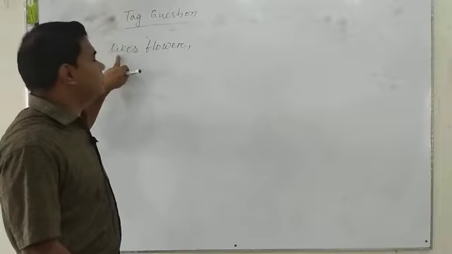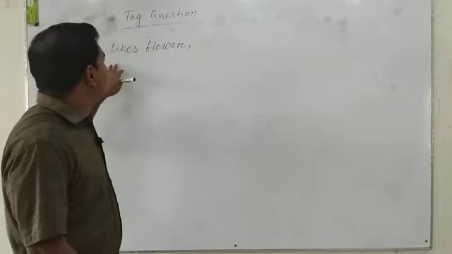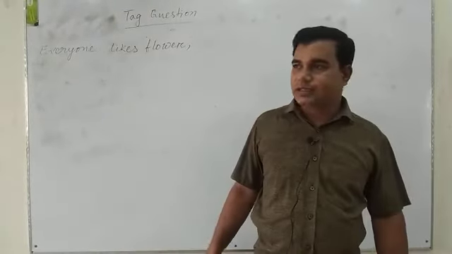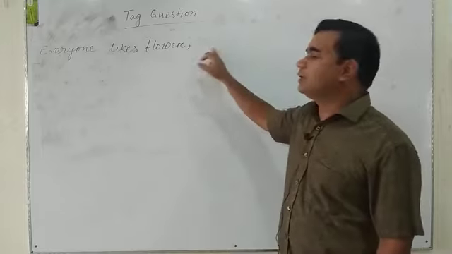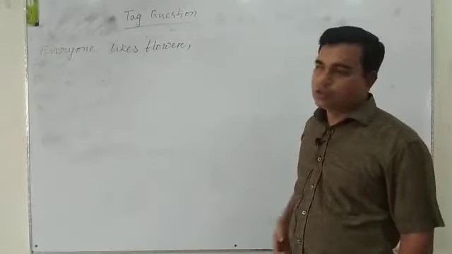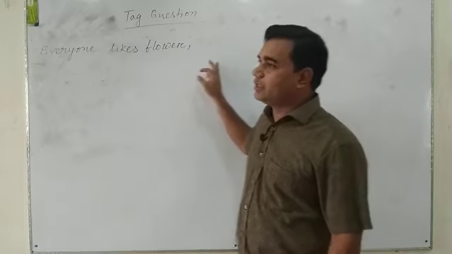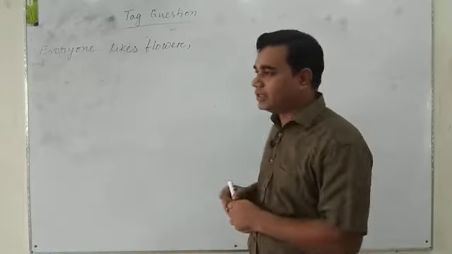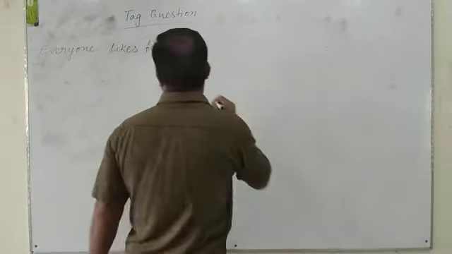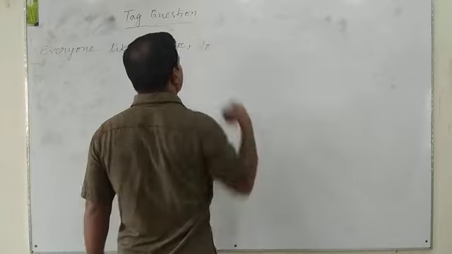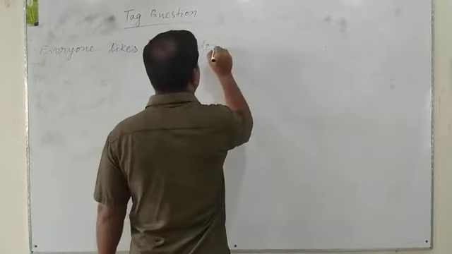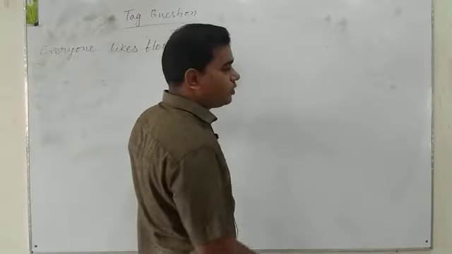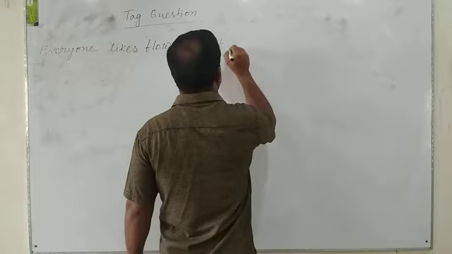According to the rules of verb, we would use does here, but does will not take the subject they. So here we give the priority to the subject, not to the verb. So we will use do. And the sentence is affirmative, so we will use n't, that is the short form of not. "Don't they?"